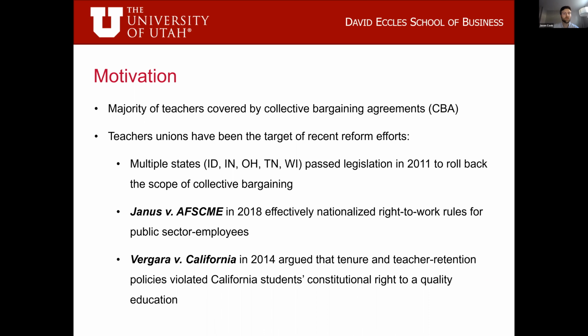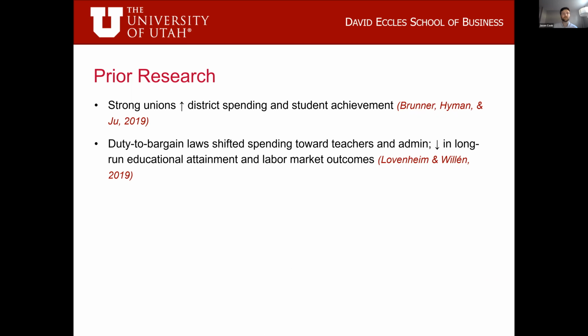And then, more closely related to the teacher context, this Vergara case in California argued that teacher retention and tenure policies violated California students' constitutional right to a quality education. I bring these up to highlight that teachers' unions have been a focus of these reform efforts and are a potential policy lever that could be pulled. And so it's important to understand the implications of teachers' unions in schools.